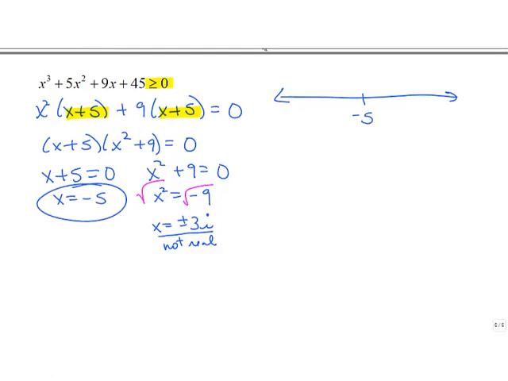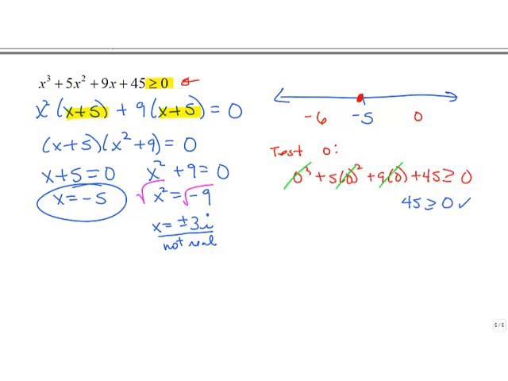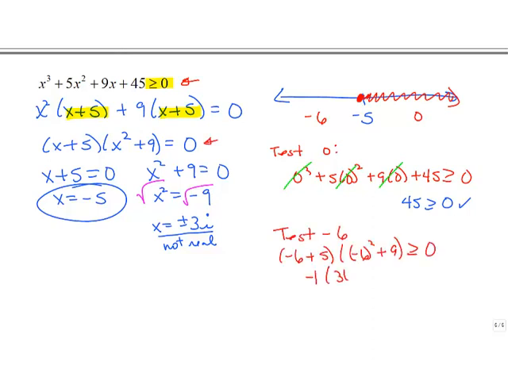We choose a number on either side of -5 and test these two intervals. Notice that I have used a closed circle because of the greater than or equal sign. Shade and write your answer.